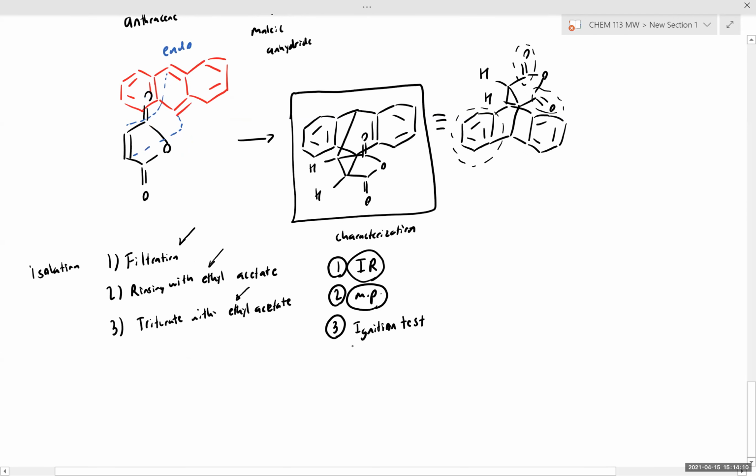And finally, we'll perform the ignition test, which will confirm and verify the presence of an aromatic group. Further, we'll also perform the ignition test on a range of organic compounds just to help you get a sense of what ignition test results look like for different aromatic and non-aromatic compounds.